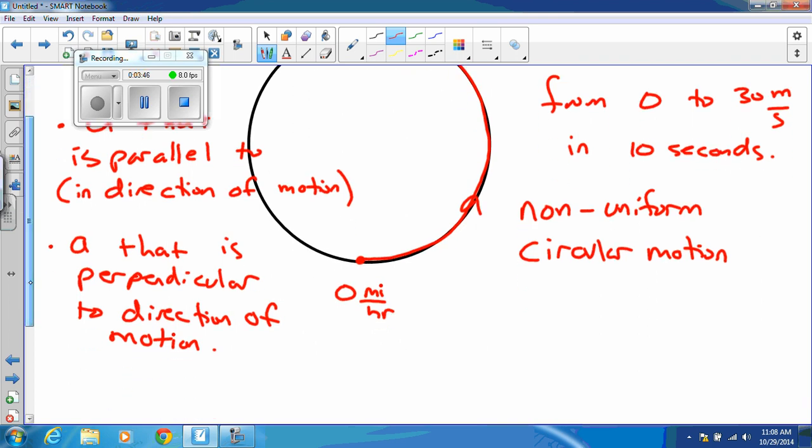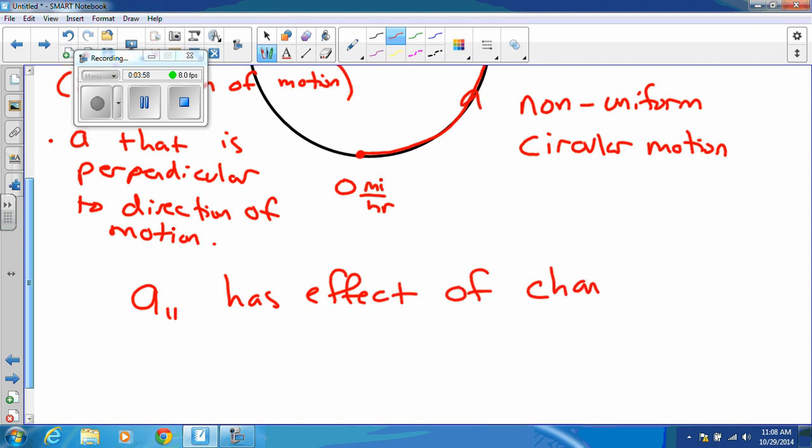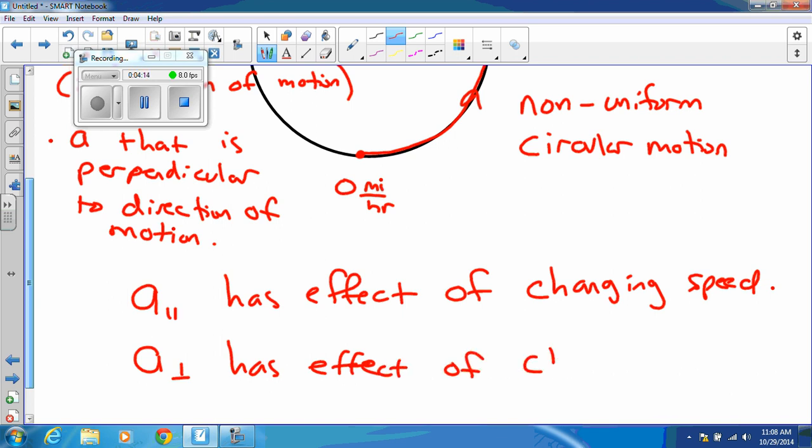And here's what I claim. I claim that the acceleration in the parallel direction, A parallel, has the effect of changing the car's speed. Whereas the component of acceleration that is perpendicular to the car's motion has the effect of changing the car's direction.